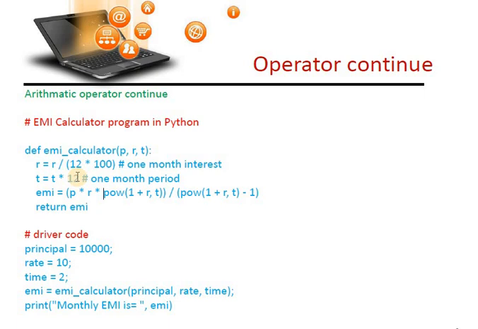So 2 into 12 gives the number of months. In the same way, for the rate, for 1 month we can easily find r by 12 into 100. So this is the formula. I can show you how this program is working.